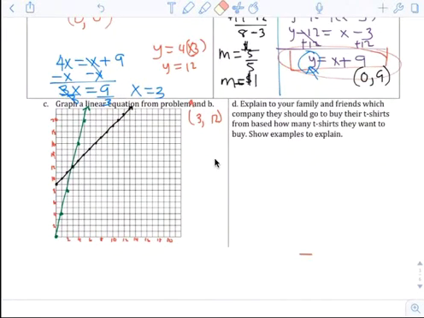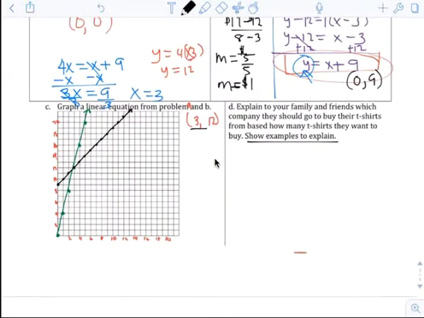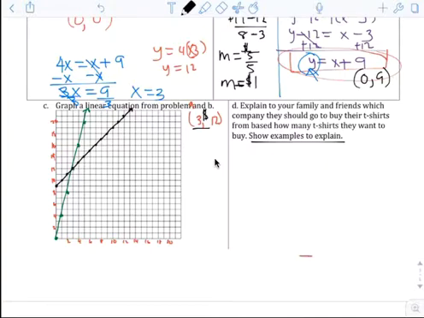Explain to your family and friends which company they should buy their t-shirts from based on how many t-shirts they want. Show examples to explain. So you would explain that if your family and friends wanted 3 t-shirts, we'll start with the break-even point.